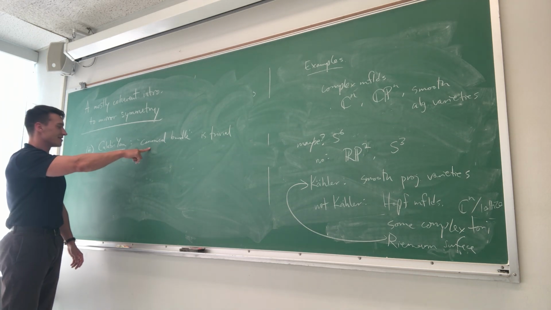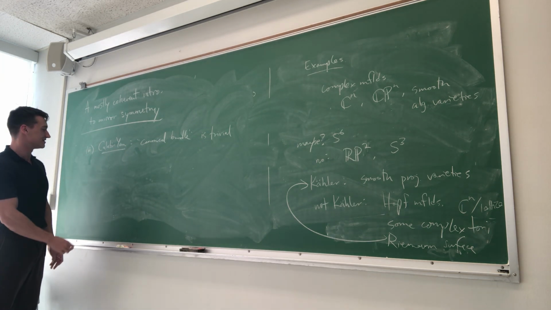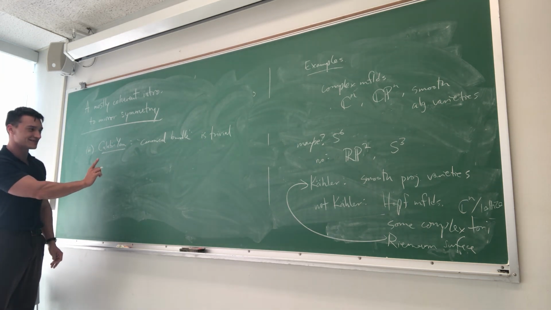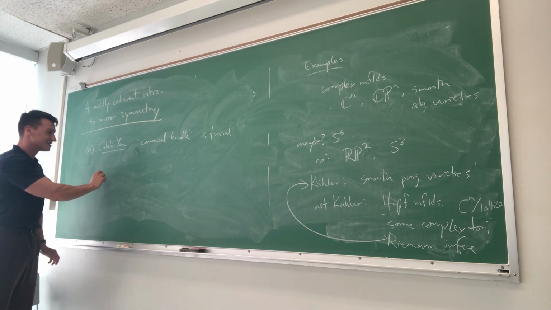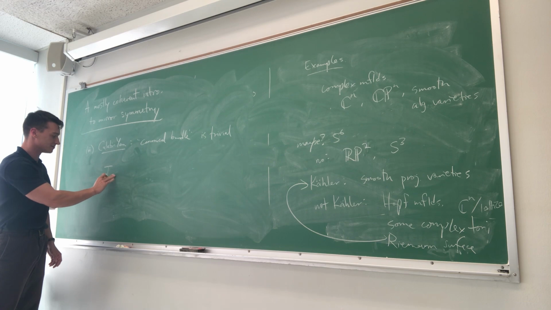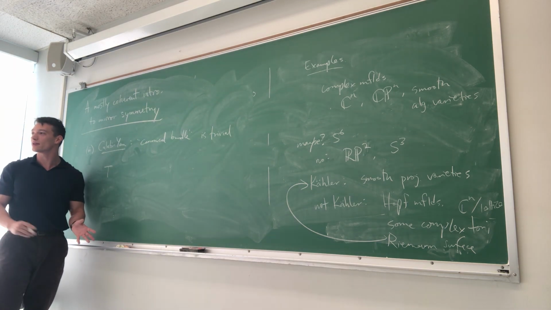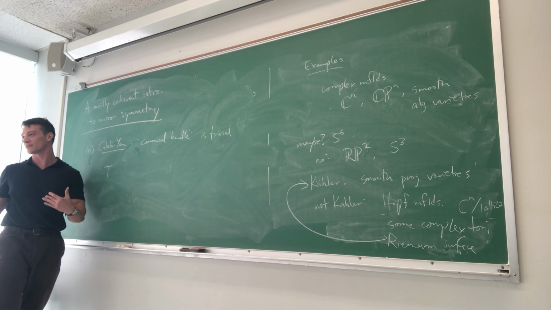What do we mean by the canonical bundle? I have to introduce a couple of things, but they're not too bad. So on a complex manifold, we can talk about not only n-forms, but we can talk about holomorphic or anti-holomorphic n-forms.